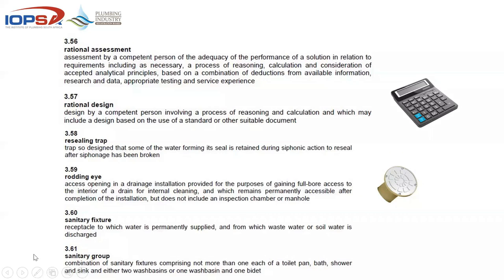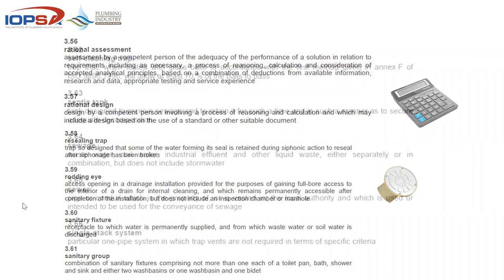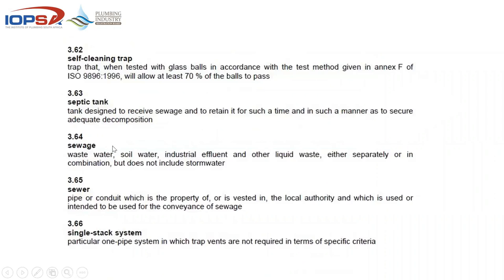Sanitary group, also soil and vent, where we have a group being a residential premises, and you'll find that that'll be a full set of fixtures that would normally be used in residential. Self-cleaning trap is a requirement for a specific application.